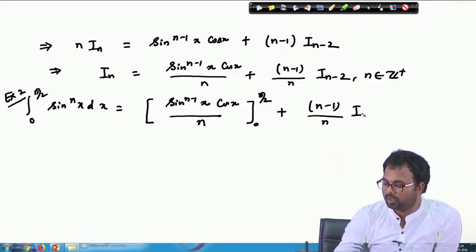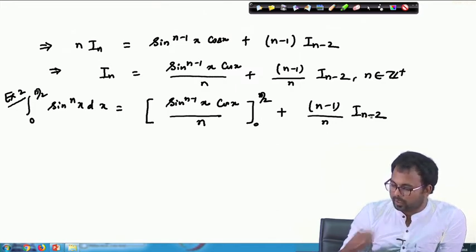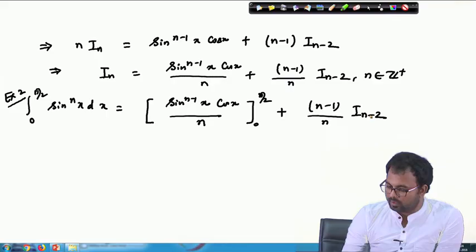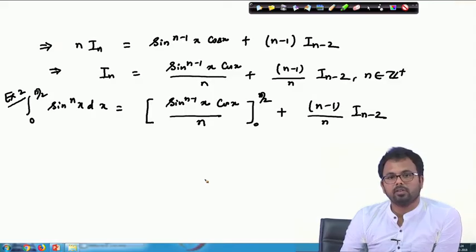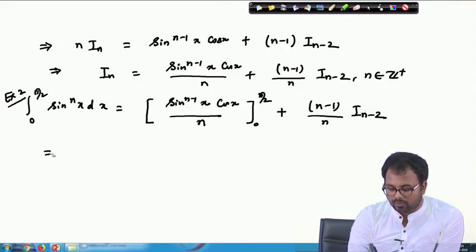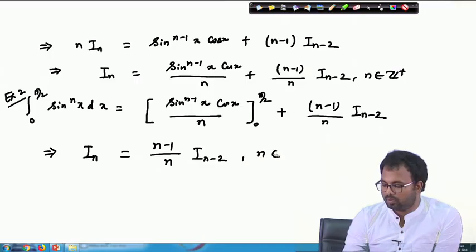Of course I am writing n minus 2, but this is basically my definite integral. At x equals pi by 2, cos pi by 2 is 0, and at x equals 0, sin 0 is also 0. So the first term will vanish, and we are left with I n equals (n minus 1) divided by n times I n minus 2, where n is a positive integer.